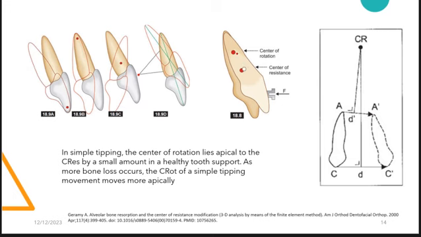So here, when a force F is provided, the center of rotation lies at the junction of the apical and middle third of the root. When this force is provided, there is merely a rotation of the tooth taking place, and this point remains fixed. That is, the center of resistance takes a path, but the center of rotation remains stationary.